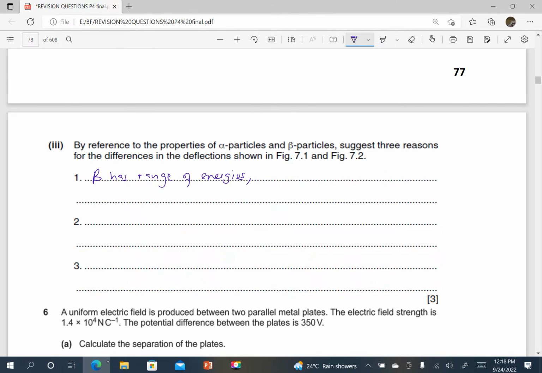This is seen from different deflections, as there are different deflections. And alpha all have the same energy or same velocity.